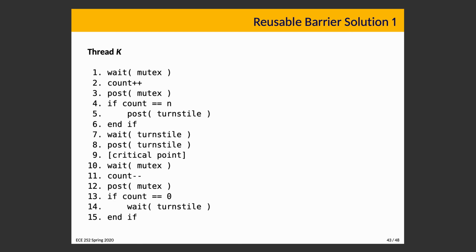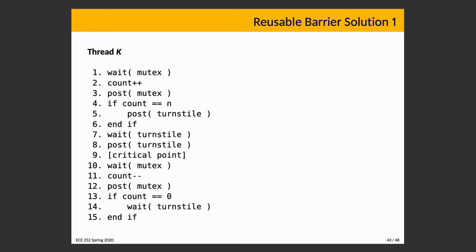So wait on the mutex as before, increment the count, post. All that stuff up to statement 8 hasn't changed from our last example, which we said isn't horribly wrong. Then we have, in square brackets, critical point. Think of it as the critical section. It's the area that everybody was waiting for in the barrier section, and now they can proceed to it.